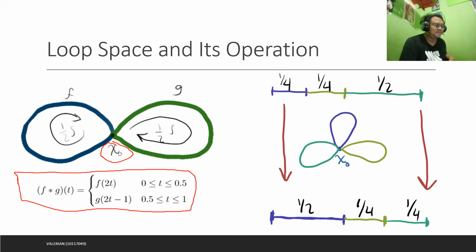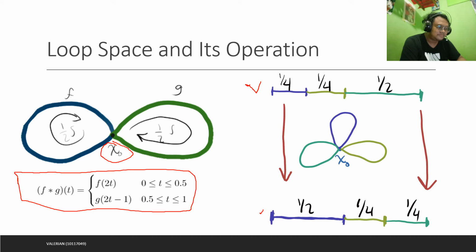Now this operation is not associative, sadly, and it would be better if it were associative, right? We want it to have a nice algebraic property. Even better if we can make something like a group out of this. So now, how do we solve this issue? Now, notice that this is a loop.